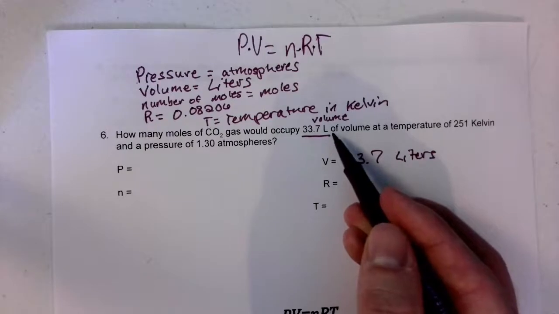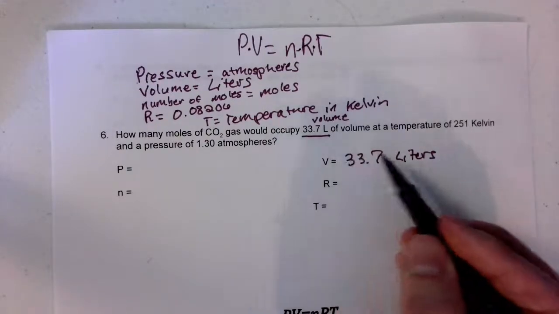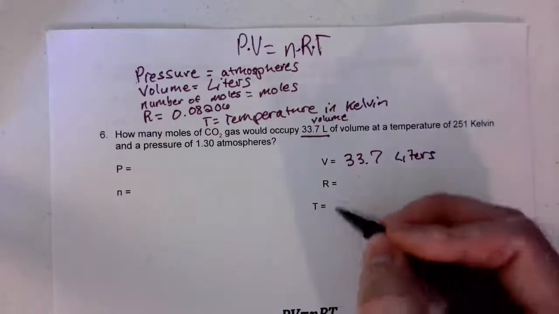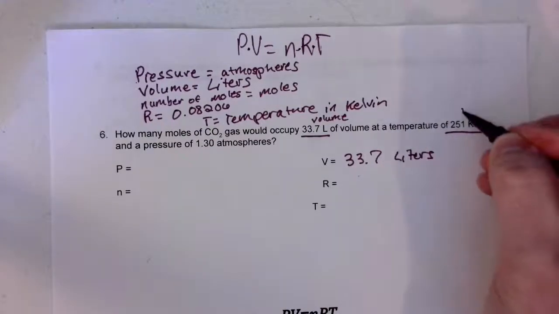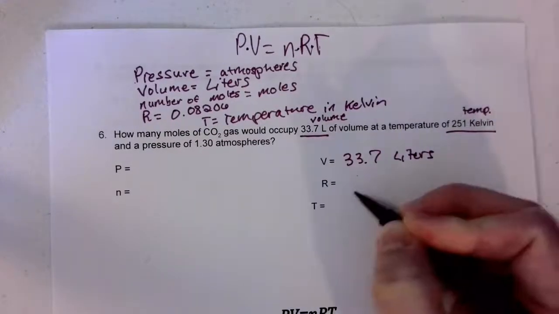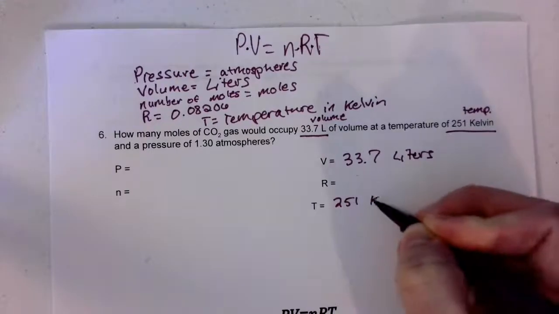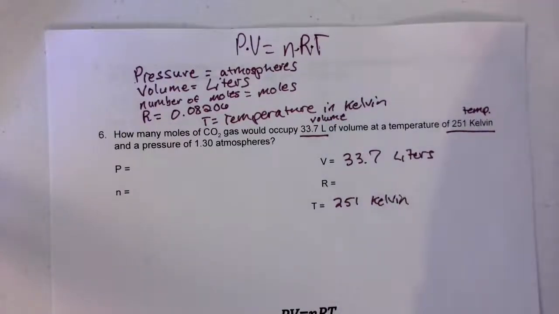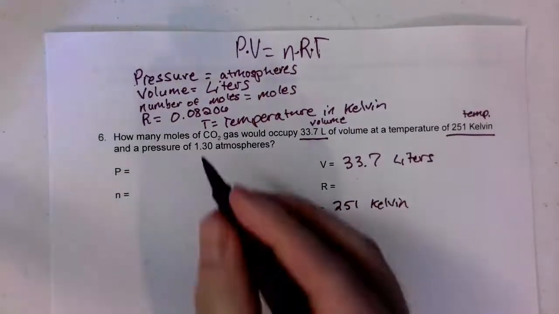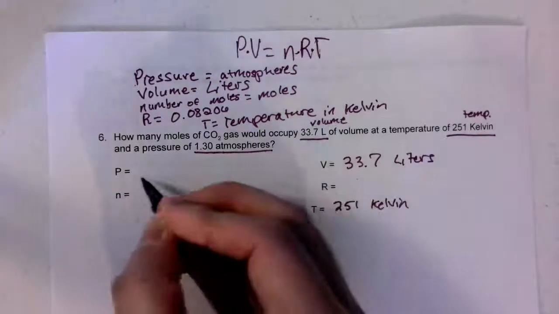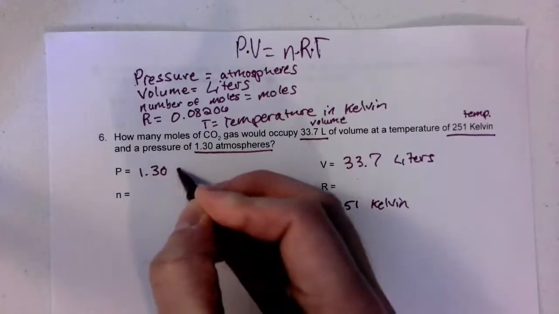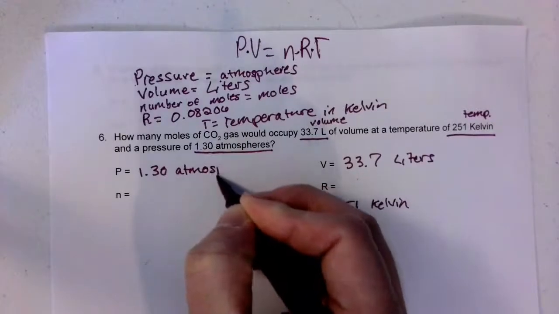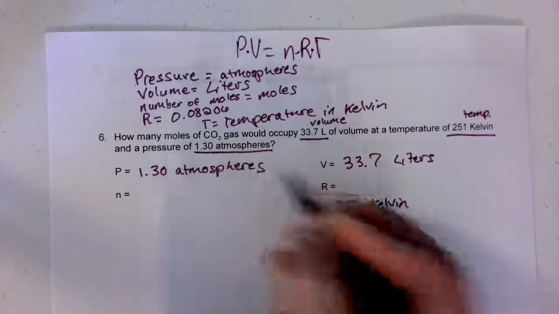Capital L is the abbreviation for liters. The temperature is 251 Kelvin. The pressure is 1.30 atmospheres, which you can abbreviate ATM.